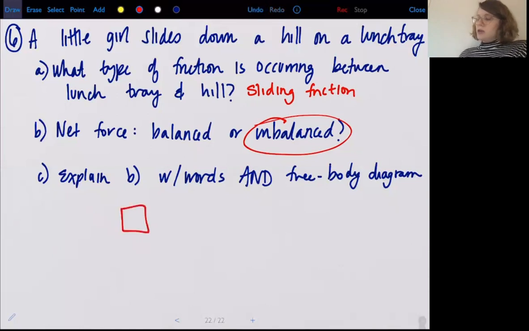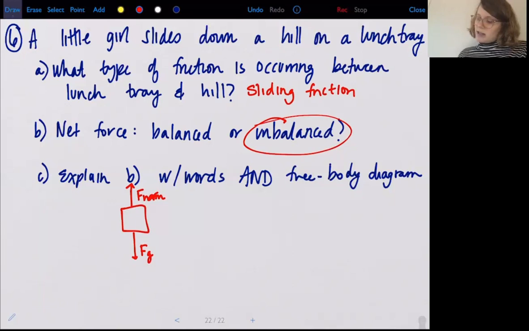All right. So the force of gravity is pulling the sled down. We also have a normal force balancing that out. We don't know values for these, so we're just going to write them like that. Okay, then this sled is going down the hill. It's moving. So it has an applied force here.